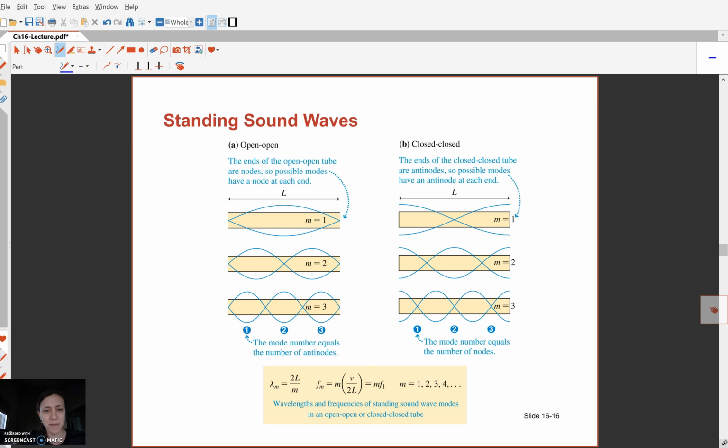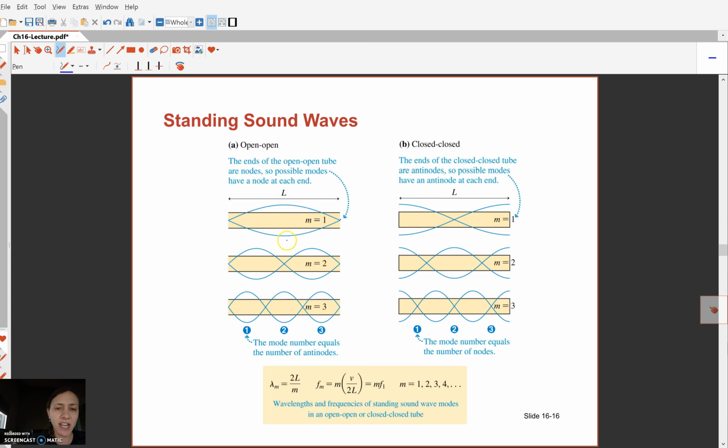Okay, so let's take a tube that's open on both ends. Here we have a tube, right? Both endpoints are nodes, and right in the middle we have an antinode. This is the lowest mode, and I'm sorry for the difference between node and mode. This is the lowest mode possible. We call this mode number 1.